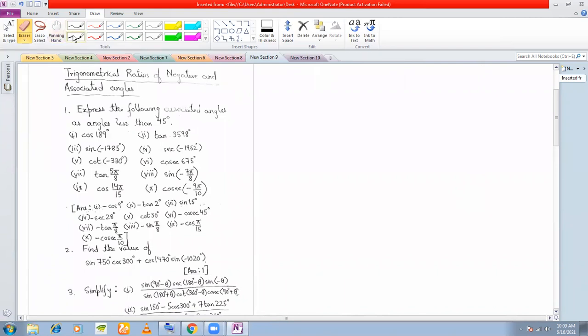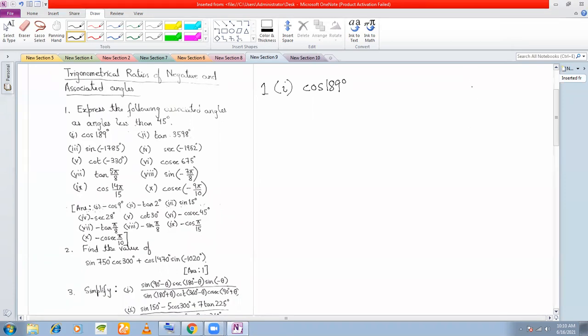First one. The question here is cos 189 degrees. Now, this angle is greater than 90 degrees. Whenever you get such angles, try to express them as multiples of 90 degrees.